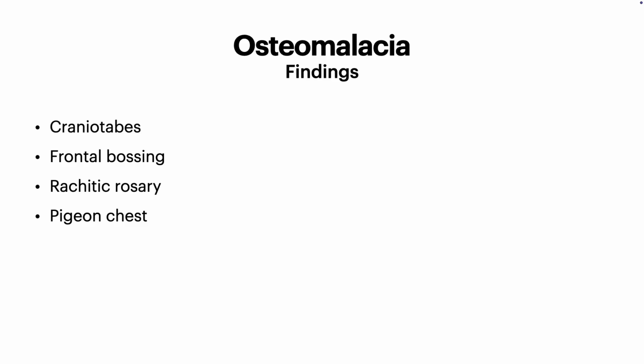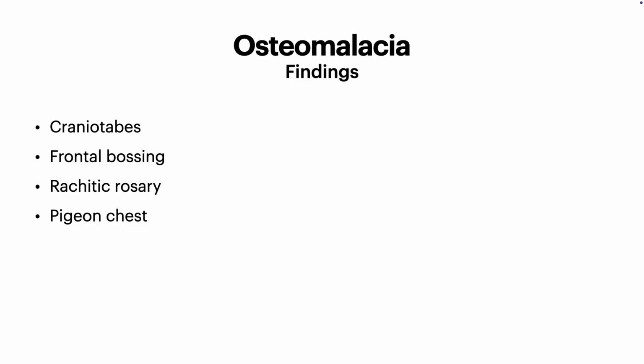Not sure how to pronounce this, rachitic or rachitic. It's probably rachitic. Rosary is essentially these bony bead-like things that appear in the chest that kind of look like a rosary, and then the pigeon chest is that chest deformity where your chest is kind of sticking outward.